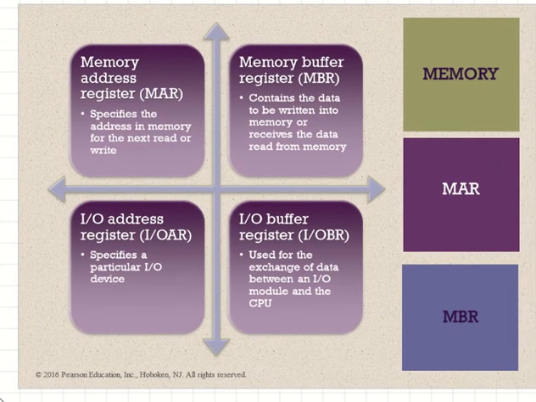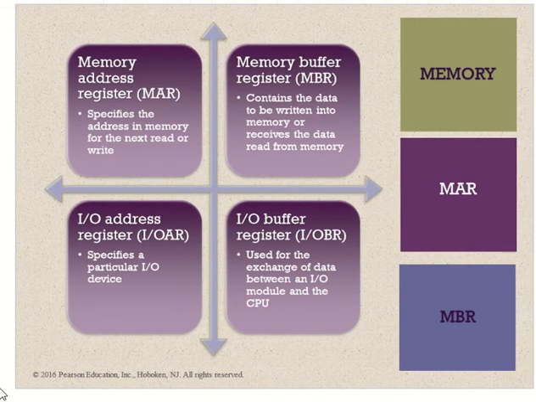So this is about some types of registers. There are 4 registers that are very much needed for the execution of your program. They are the memory address register, MAR, memory buffer register, input output address register, and input output buffer register.